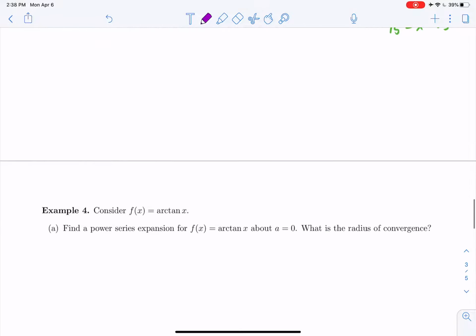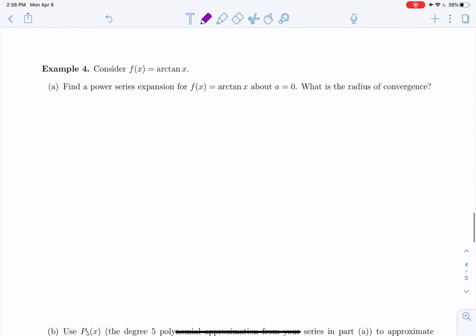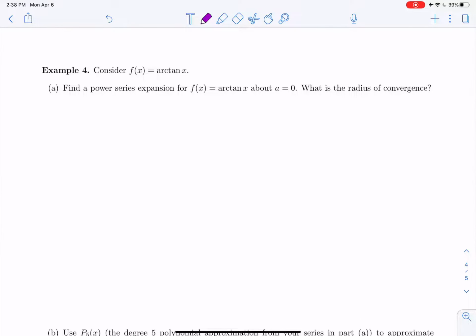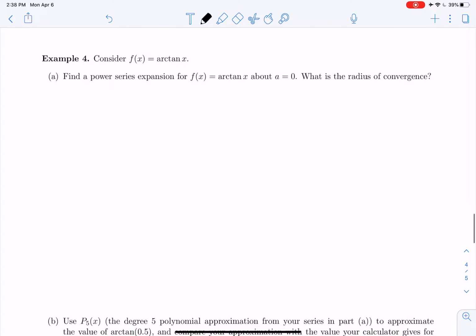All right. Great. So this next example, I made a little Desmos. I'll include the Desmos link in the YouTube video so that you guys can refer to it.